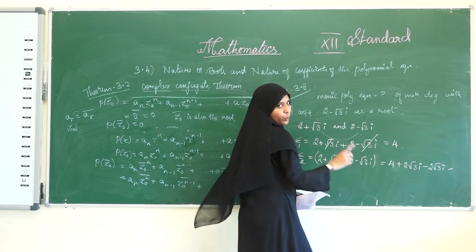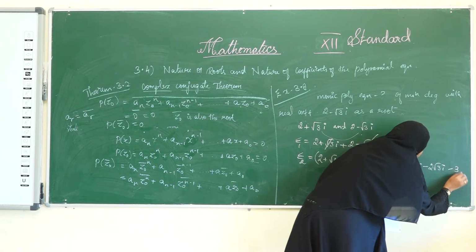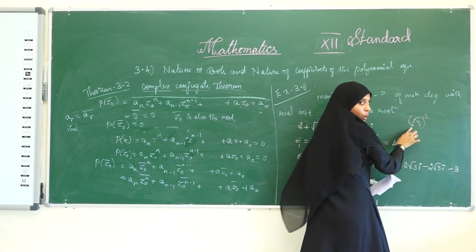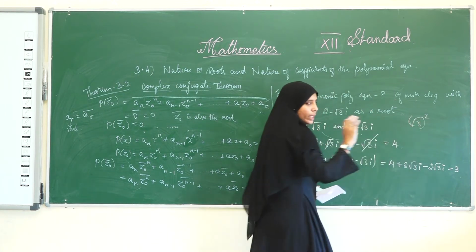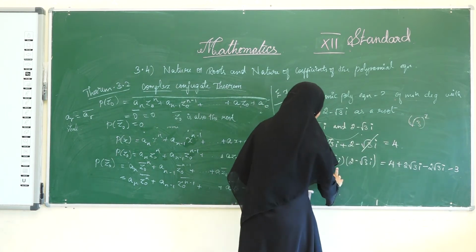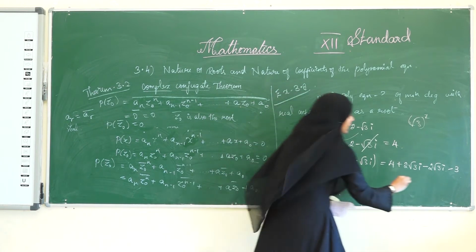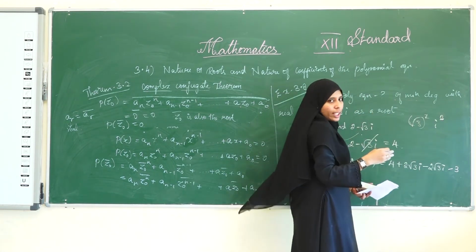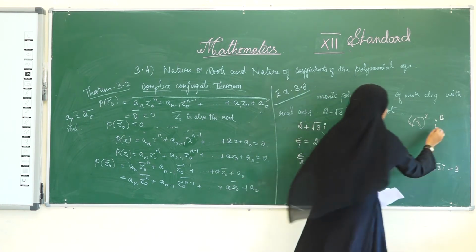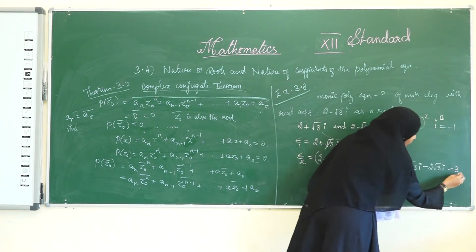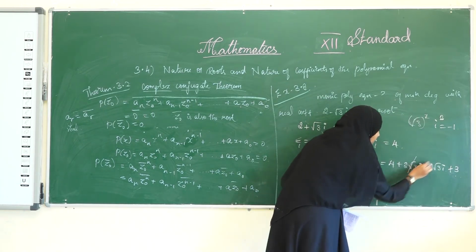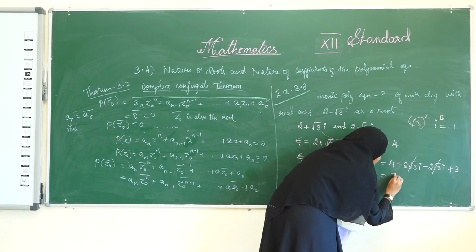Root 3 into root 3, we get only 3, that is root 3 the whole square, the square root and the square get cancelled, so we get only 3. Then 3 into i into i, that is i square. We have already seen in lower classes, i square value is minus 1. So here minus 3 into minus 1, what we get is plus 3. See, these terms get cancelled, so the value is 7.